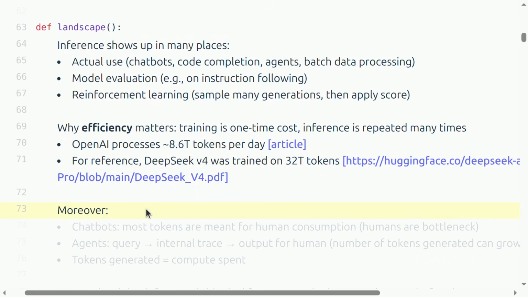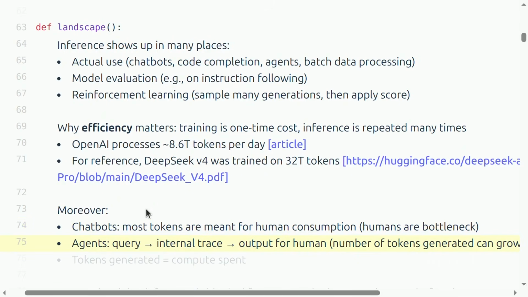And moreover, I think the importance of inference has grown in the last year, because once upon a time, we thought of language models primarily as chatbots or assistants, where you put in a prompt, you get back a response, and presumably the goal of the human is to read the response. But now as we move more into an agentic world, a query goes in, and the agent is going to do a bunch of stuff.